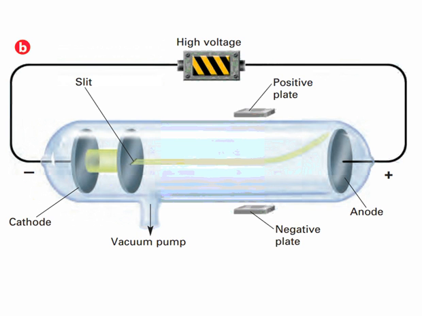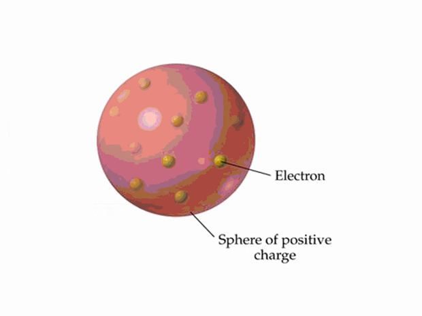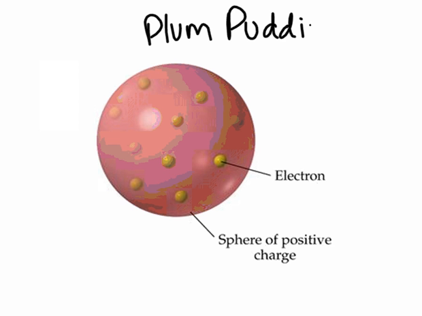And from that idea and the evidence from his cathode ray tube, he came up, along with Lord Kelvin, who is, yeah, that's the Kelvin guy from temperature, right? The two of them proposed what we call the plum pudding model of an atom.